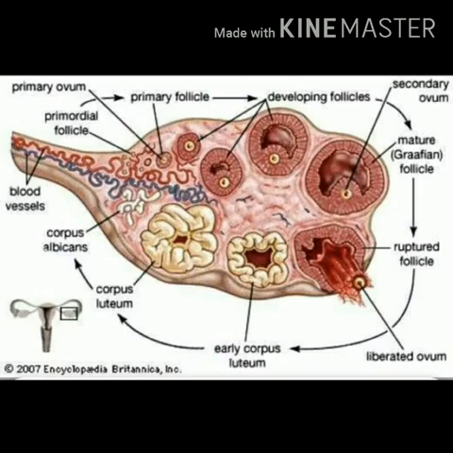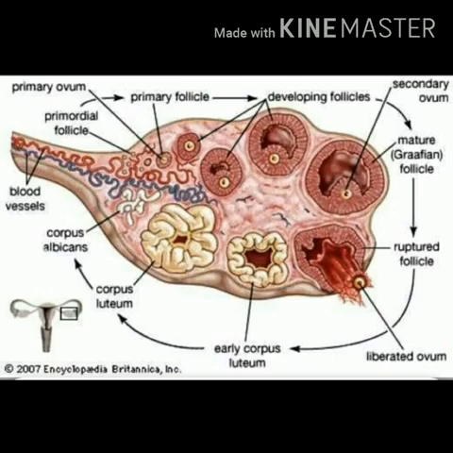Very interesting part is here now. Of the 2 million primordial follicles embedded in the fetal ovary, only about 1 million remain at birth, meaning a fully grown female baby has 1 million follicles, and only about 40,000 remain at the time of puberty.